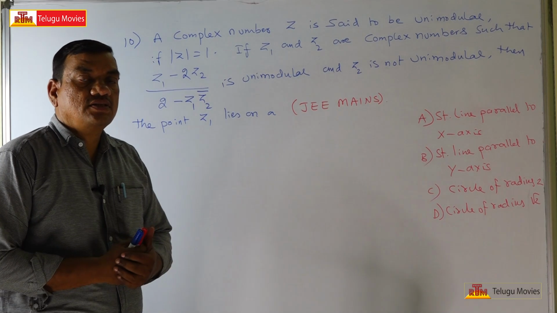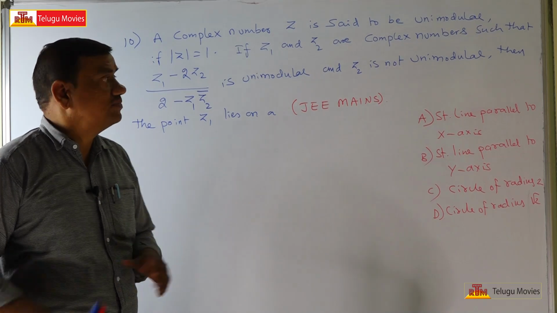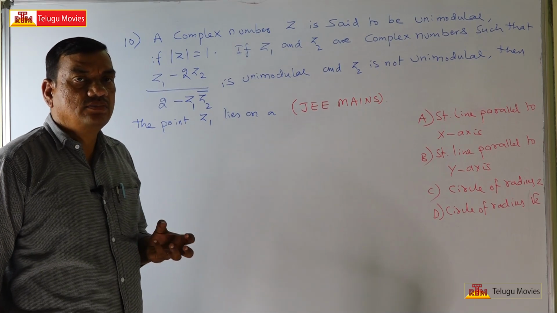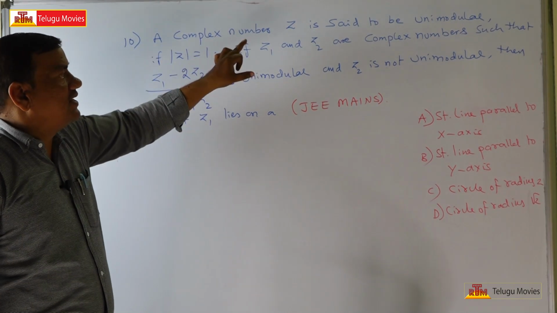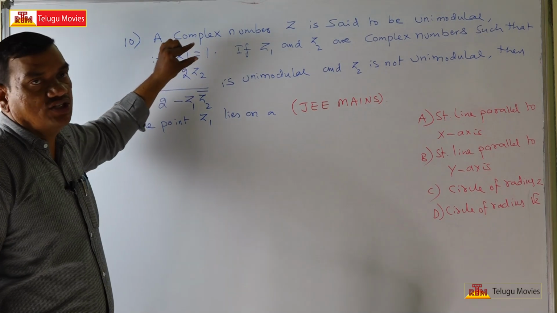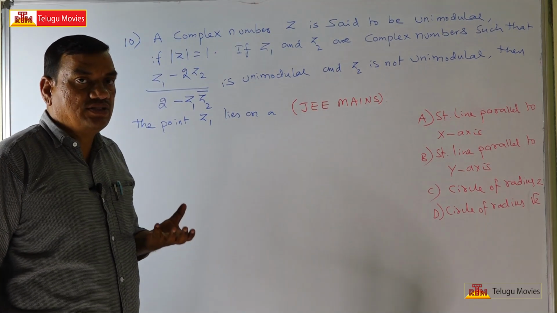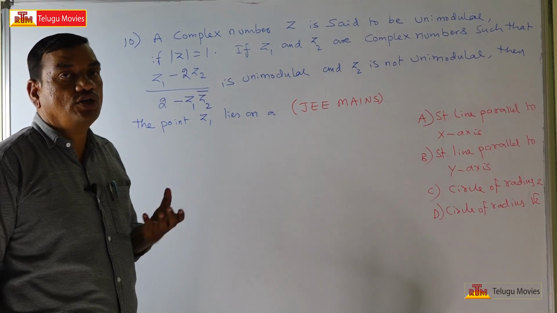Dear students, welcome to the 10th problem of today's session. This problem is from the complex number chapter. The problem is this: a complex number z is said to be unimodular if modulus of z is equal to 1. That means if the modulus of the complex number is 1, then that complex number is called unimodular. Uni means 1.